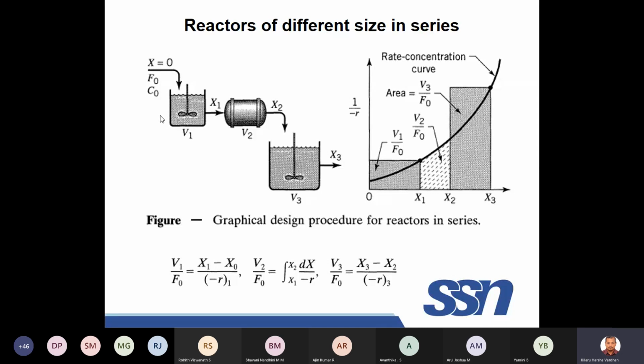This is different from putting a big reactor first and then a small one. Each one will have different volumes. The total volume will not be the same for the same conversion.